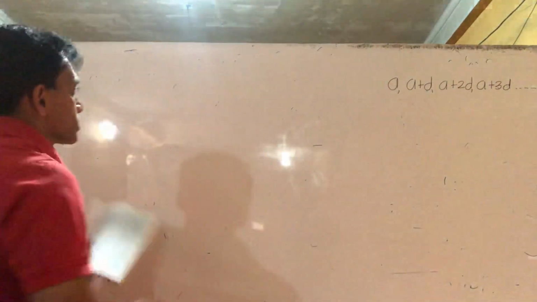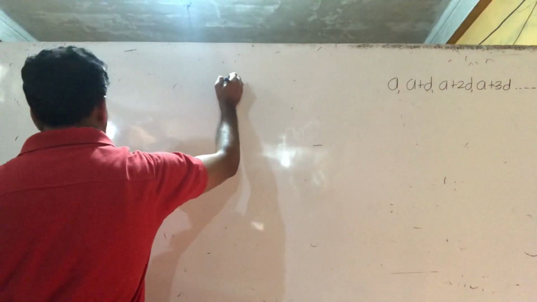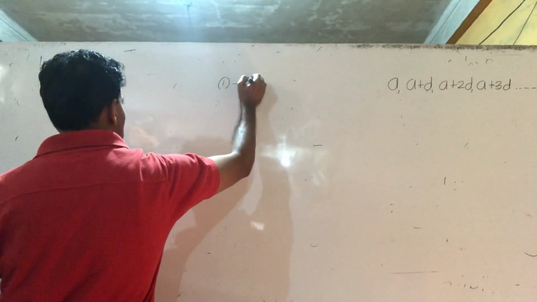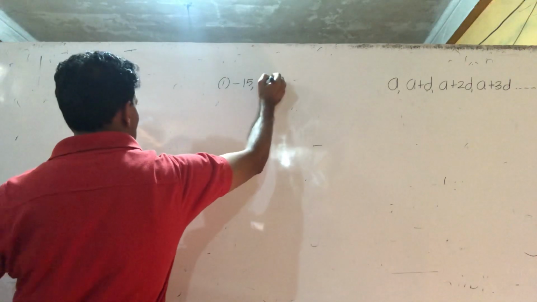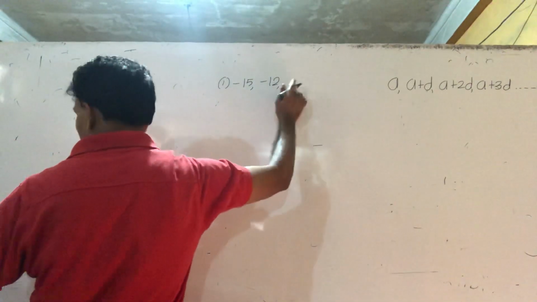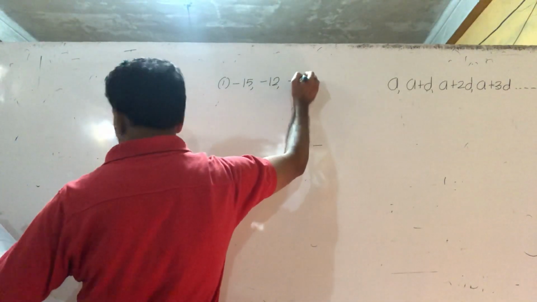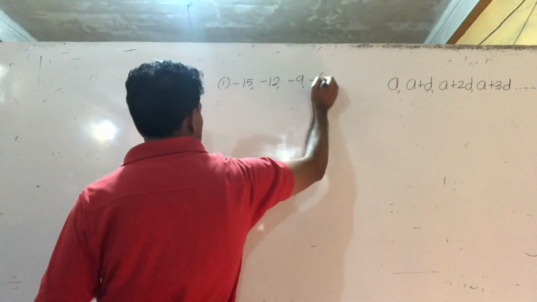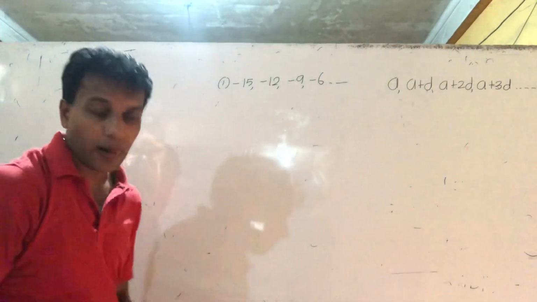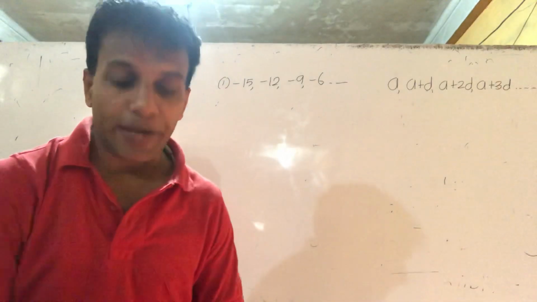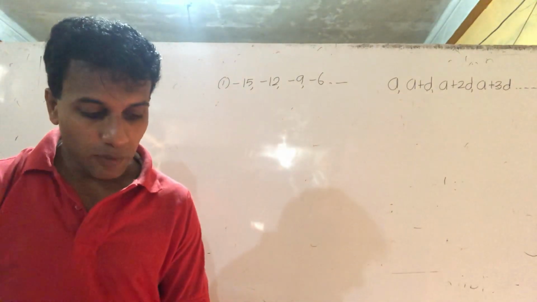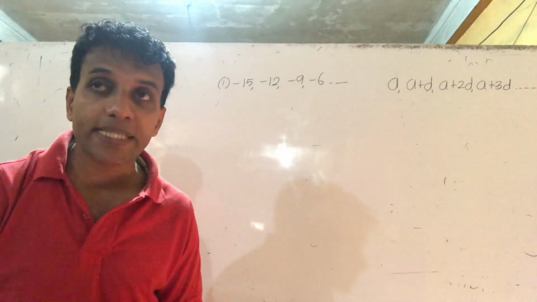See that? First one: minus 15, minus 12, minus 9, minus 6, and so on, right? This is an AP, arithmetic progression. The problem is to find the nth term.